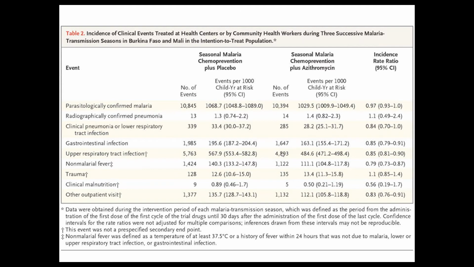So if we're going to try to explain some advantage of azithromycin, it might be related to these particular infections. I was also interested in nutrition because, as you know, we give our livestock antibiotics, and it looks like the clinical nutrition might have been a little better in the azithromycin group compared to the placebo group.